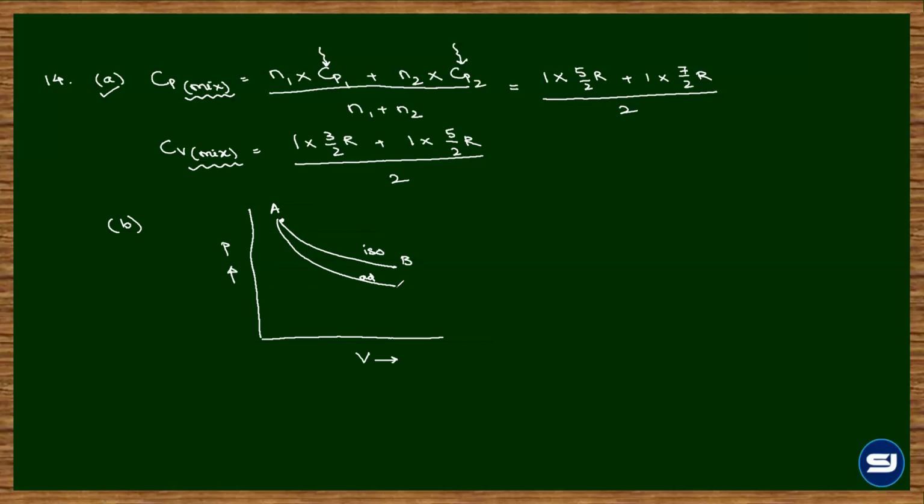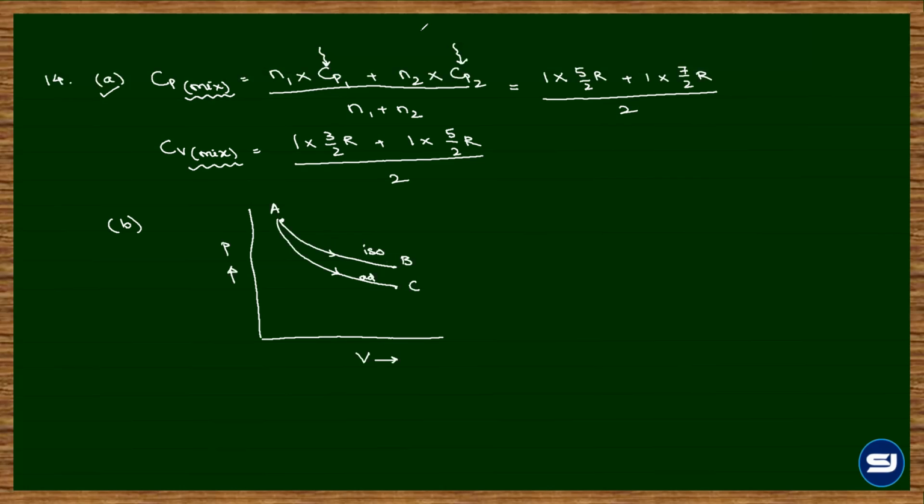Now if I want to talk about expansion, if this is the initial point A and these are the final points, let's say B and C, then in expansion the volume increases, so the arrow will be from A to B and A to C. If it were compression, the arrow would have been reversed.